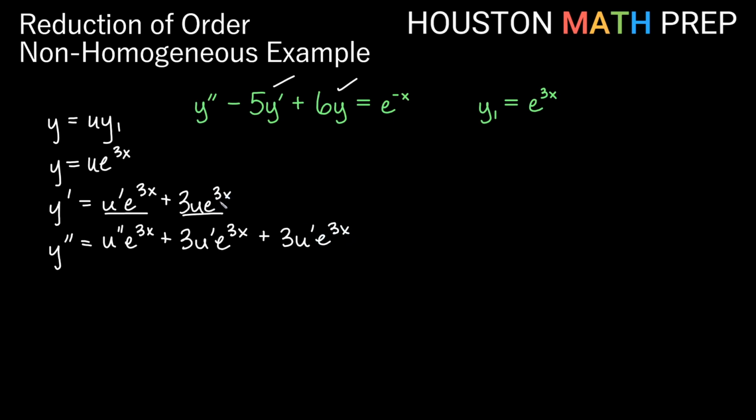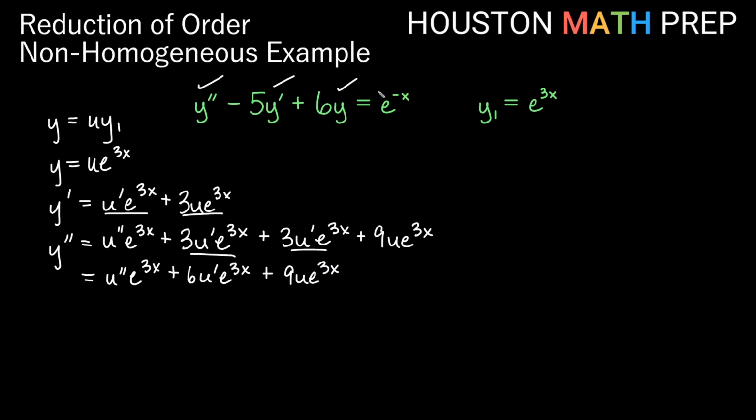And the derivative of the e to the 3x part, the second half of our product rule, another 3 would come out, so we get 9u e to the 3x. Let's go ahead and combine these like terms in the center. So we'll say u double prime e to the 3x plus we actually get 6u prime e to the 3x if we combine this term and this term, plus 9u e to the 3x.